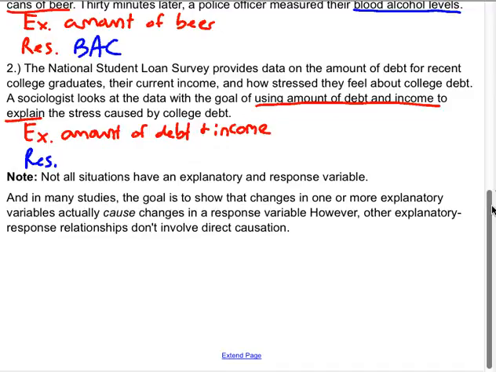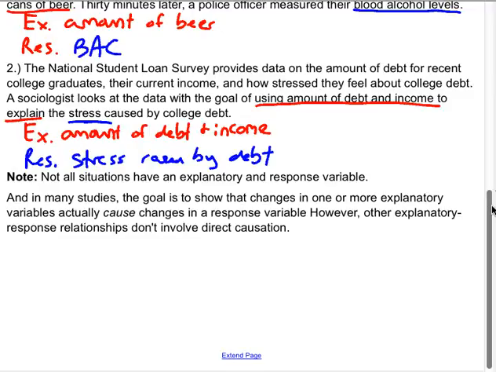Okay, and what is that causing change in? What is responding to that? Stress. Okay, so stress caused by debt. Okay, so again, it's a pretty easy concept.